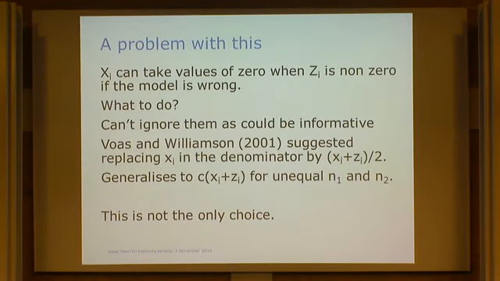But there's a bit of a problem with this. If your model is correct and your true values xi have a cell with 0 on it, then you're never going to get any synthetic data in that box. But if it's not correct, then when zi is non-zero, you can end up not being able to estimate chi-squared because it's got a 0 on the bottom line.